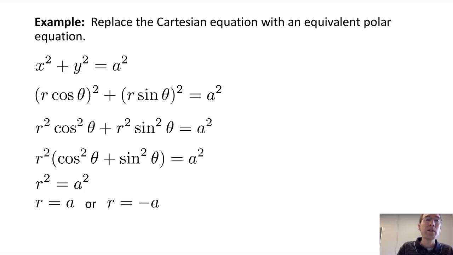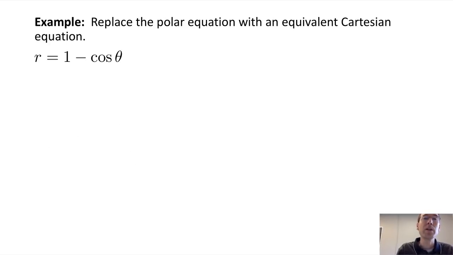In this final example, we'll replace the polar equation r equals 1 minus cosine theta with an equivalent Cartesian equation. And this is the direction that often requires a little more work and ingenuity. So here I'll begin by multiplying both sides of the equation by r to obtain r squared equals r minus r cosine theta.